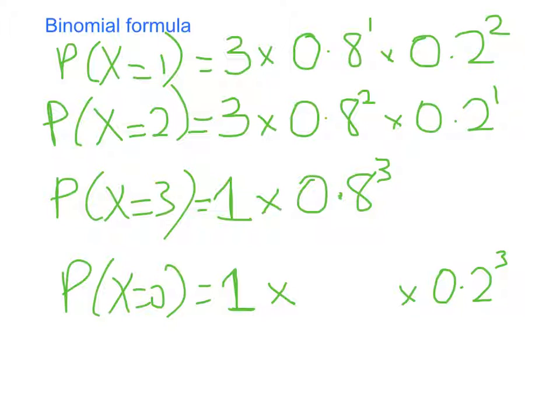I want you to pause the video and now try and write down a formula for if you've got n trials and you've got a probability p of success in each trial. So in our case we had 3 trials, and our probability of success, in other words getting a tail on each trial, is equal to 0.8.